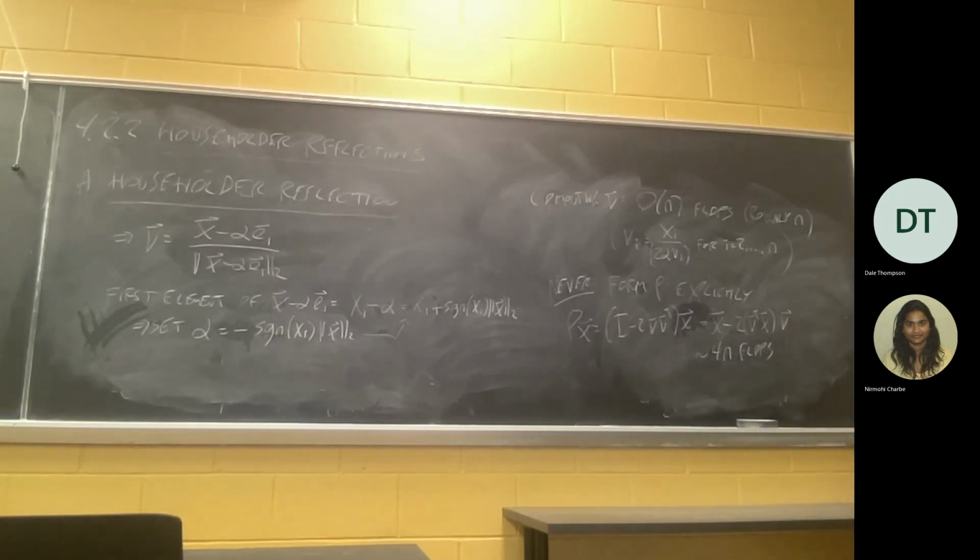Matrix vector multiplication normally is order n squared for an n by n matrix and an n vector, but now it's an order of magnitude less because it's just this rank one update.